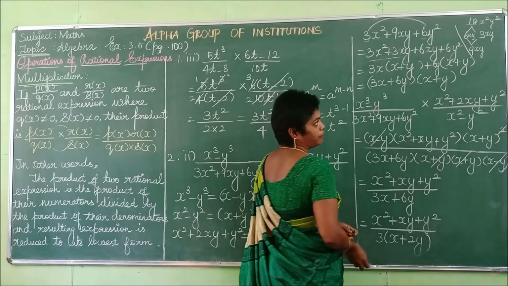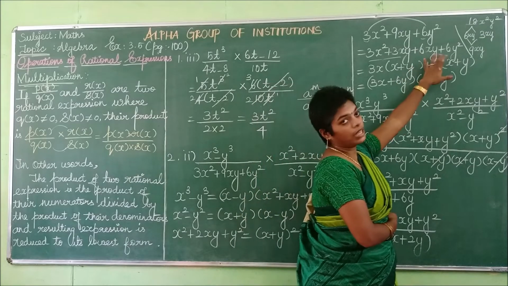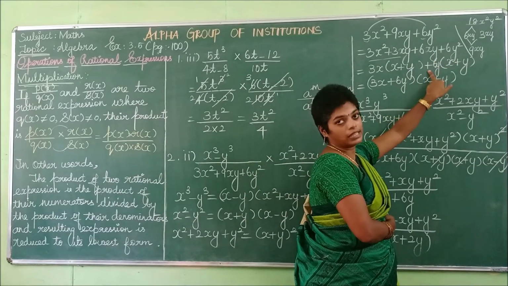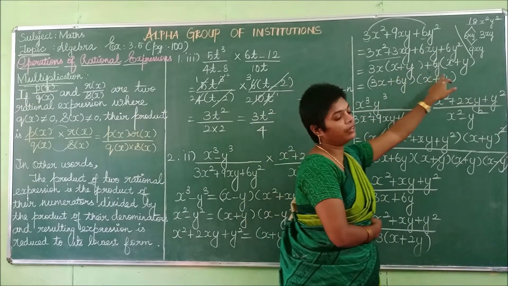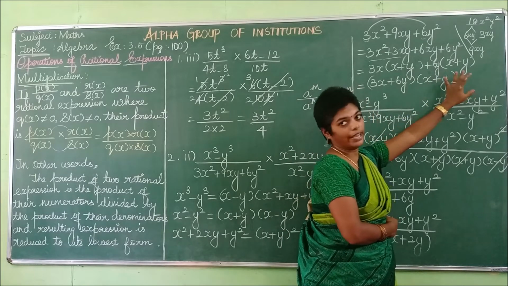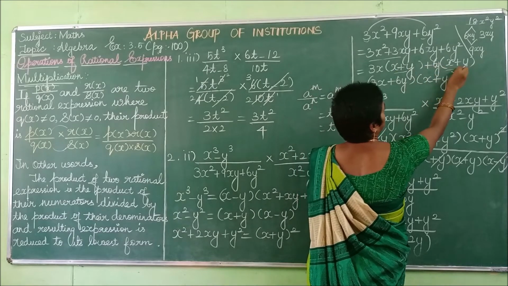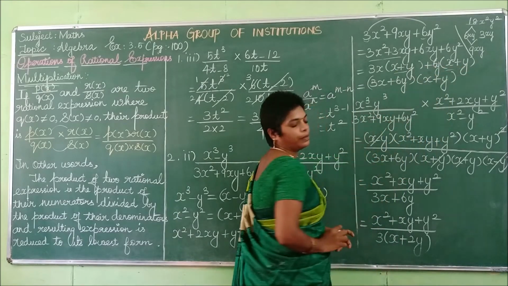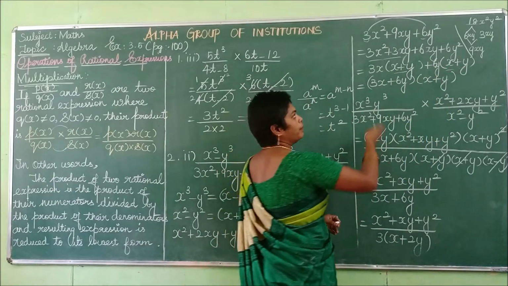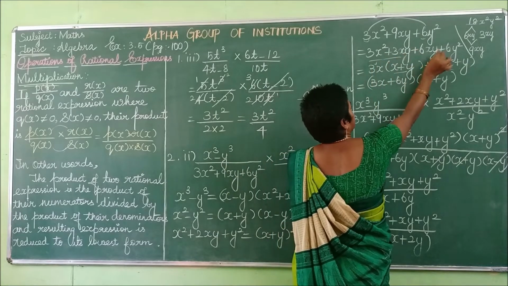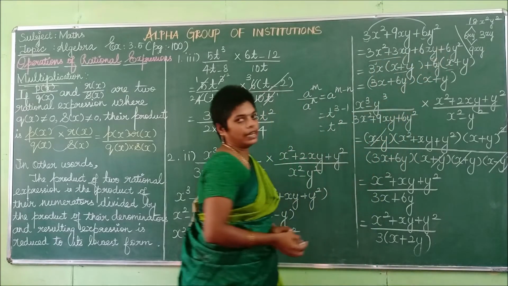That can be written as x plus y. Then from these two terms, 6y can be taken as common. Then only the similar term will come: x plus y. Then listen. Here also x plus y. Here also x plus y. You can take that x plus y as common. So what are the remaining terms? 3x plus 6y. So that will be written like this.